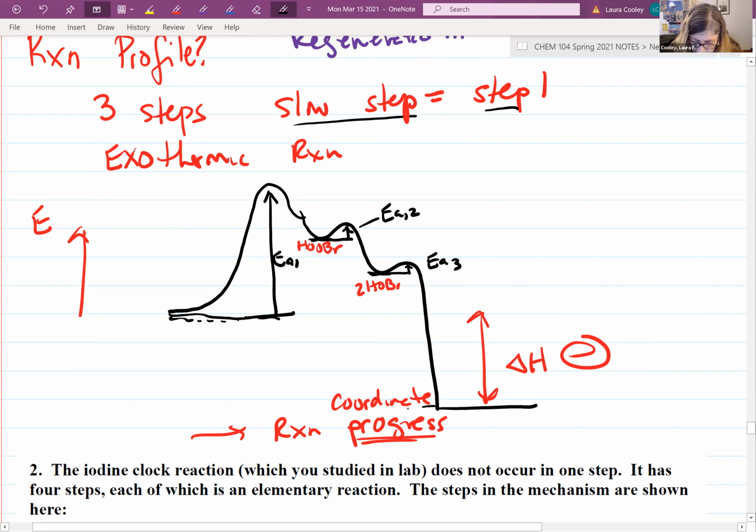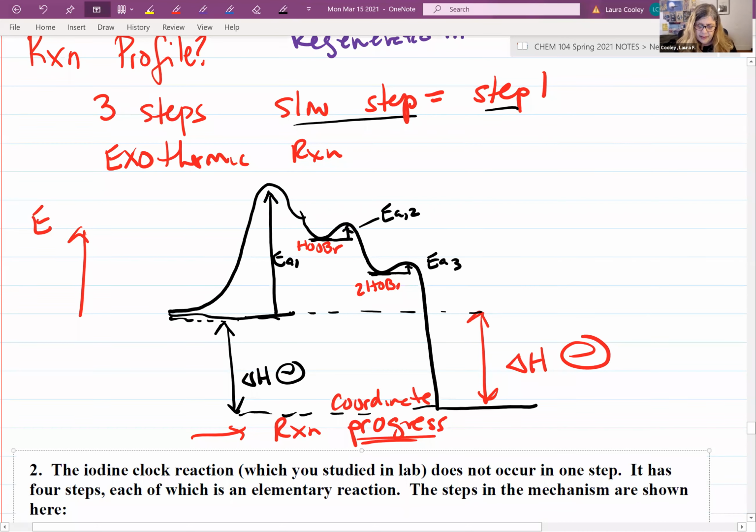So this is the delta H here. Okay. There. This is the transition state. These other ones are also, but they don't count because they're lower. This is the one that's really got the big activation energy, the big bump to go over. All right.